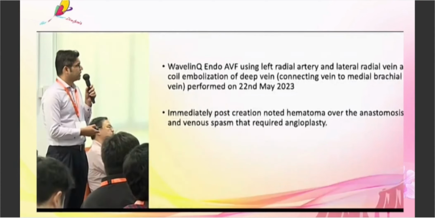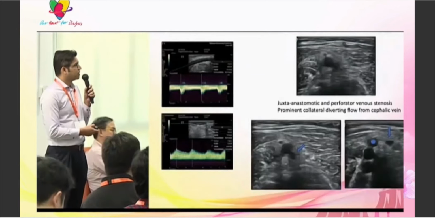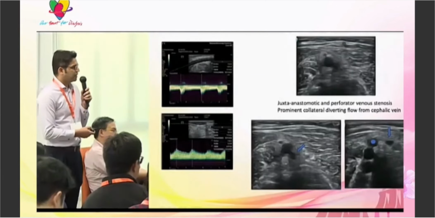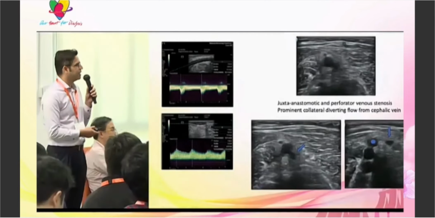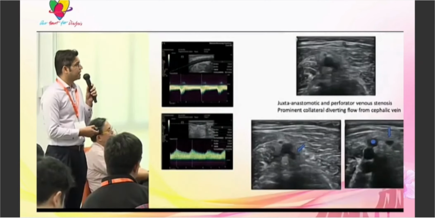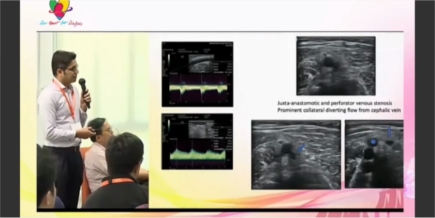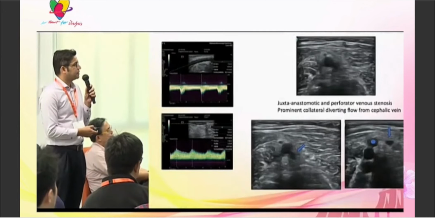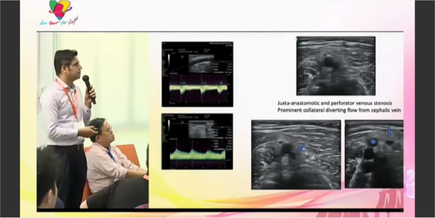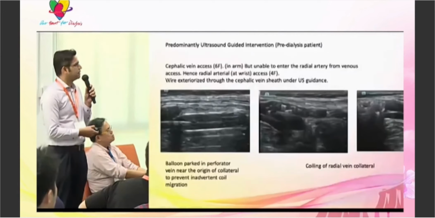He did well, but during this time his renal function deteriorated, and eventually he had to be started on dialysis. During one of the admissions, before we could actually use the newly created AV access for dialysis, the ultrasound showed that there was some stenosis of the venous segment.